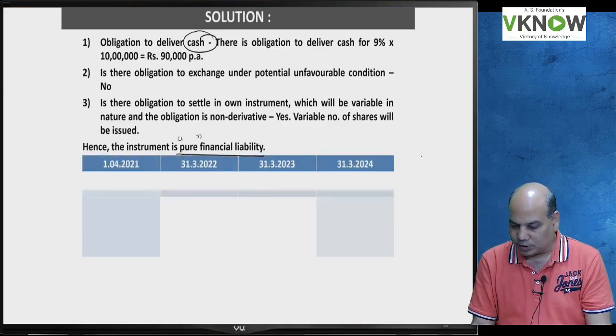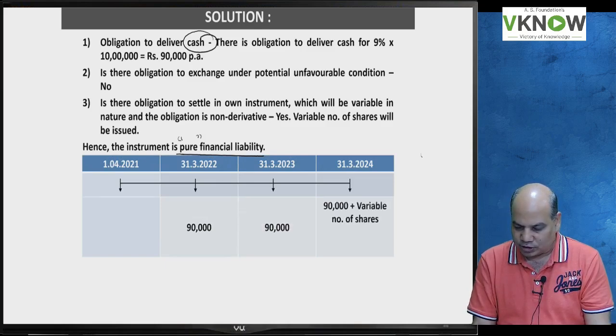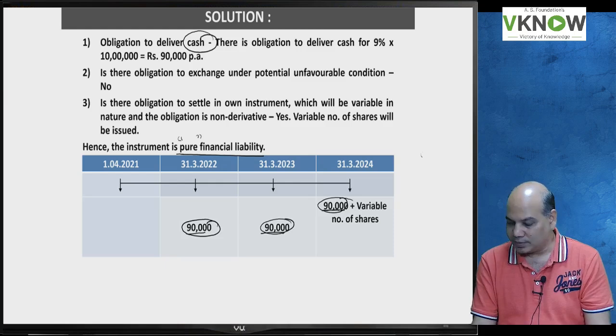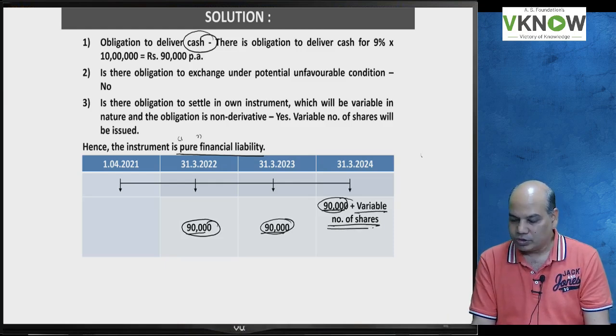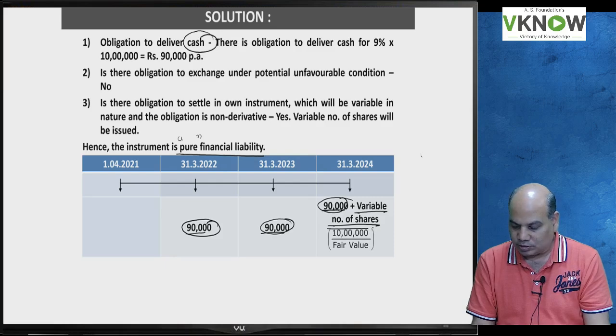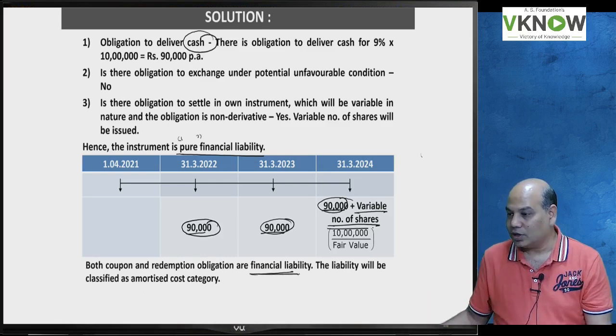Now I am going to explain with the help of this timeline also. You have issued debenture for 10 lakh. You have an obligation to pay this 90. Coupon payment is financial liability. Redemption value in variable number of shares is also financial liability, and therefore this instrument will be treated as financial liability.